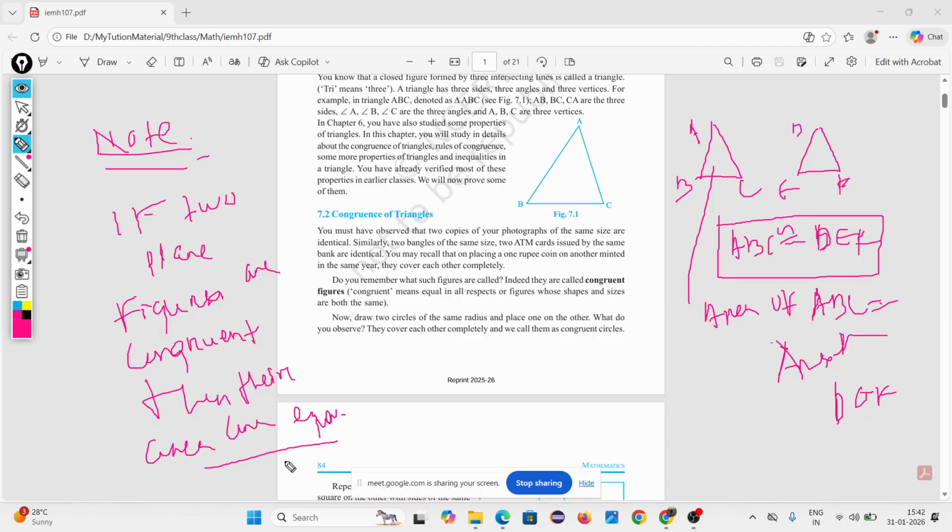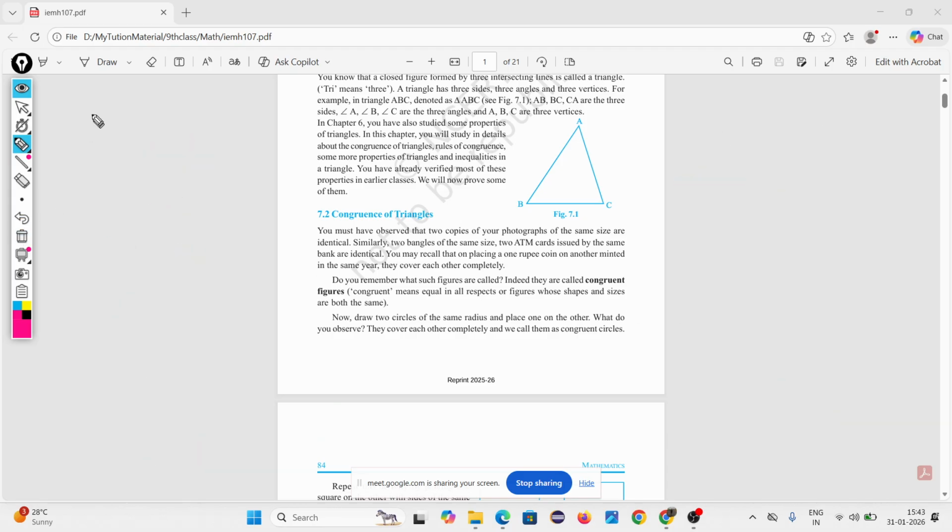But it is not applicable vice versa. What is the meaning of vice versa? If area is equal, then they are congruent. It is not applicable to that definition. If congruent, then area equal.